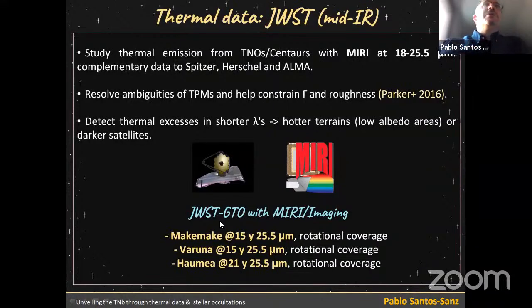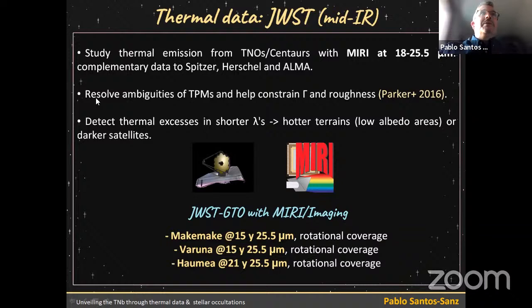Well, it's also possible to obtain thermal data with James Webb. In this case, using mid-infrared, we can obtain this thermal emission using the MIRI instrument between 18 and 25 microns. And these data are complementary to the data that we obtain with Spitzer, Herschel, and ALMA.